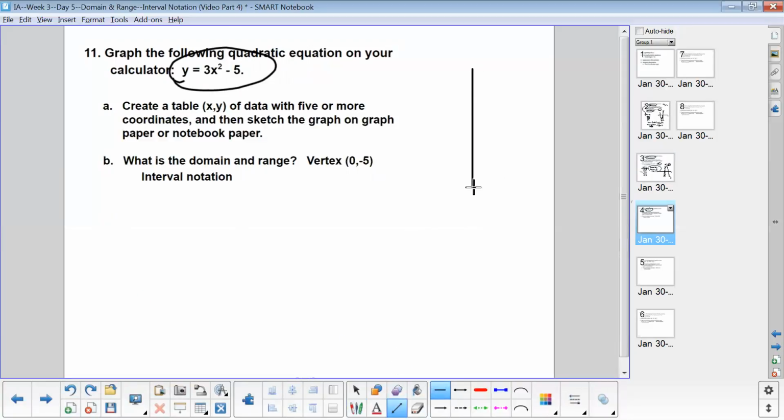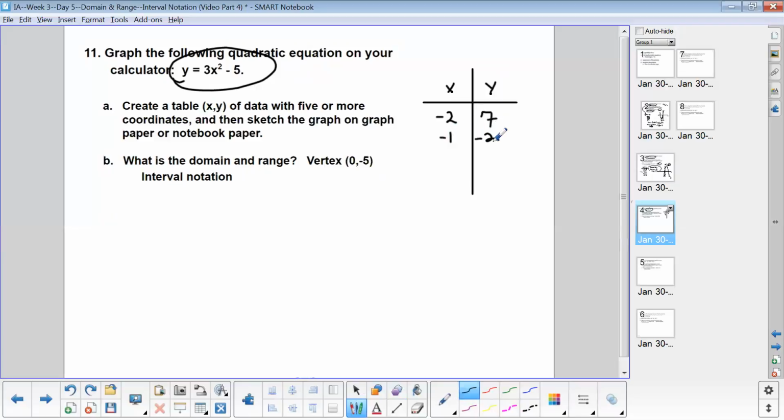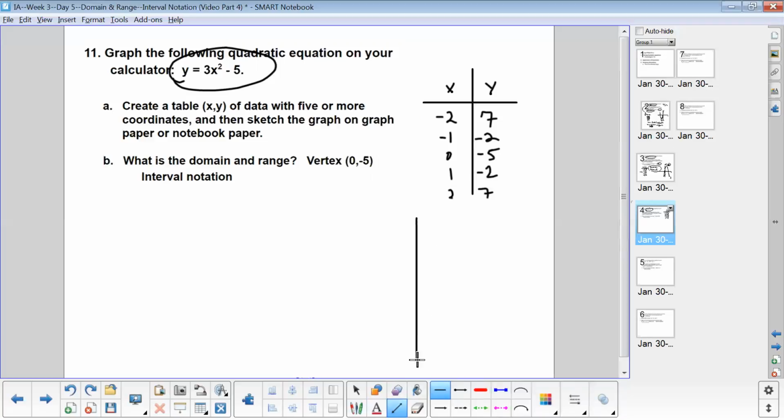And I'm going to write my data points for X and Y. I'm going to write -2, 7; -1, -2; 0, -5; 1, -2; and 2, 7. So I'm going to plot those as a sketch.